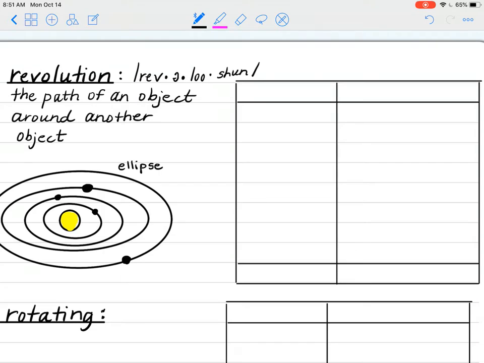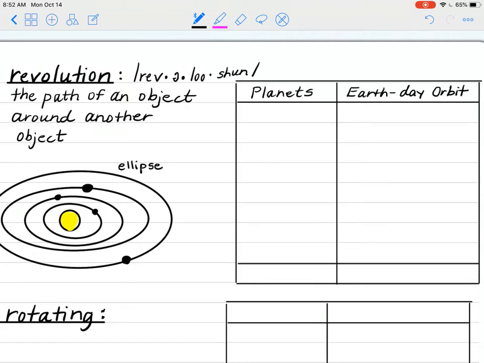I want to give you the planets and their orbits in Earth days. And you know that an Earth day is 24 hours. So we're measuring this in terms of the days that we are familiar with.